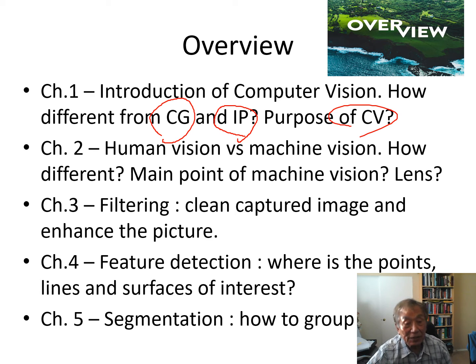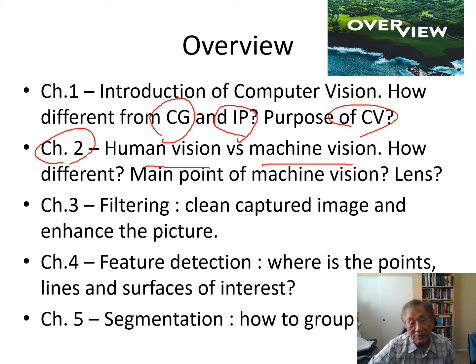In the second chapter, we talked about human vision versus machine vision. Human eyes, well, actually the human eye itself doesn't see anything. It's our brain that takes care of all the seeing and understanding. In the machine case, the camera is the one capturing the scene or picture.